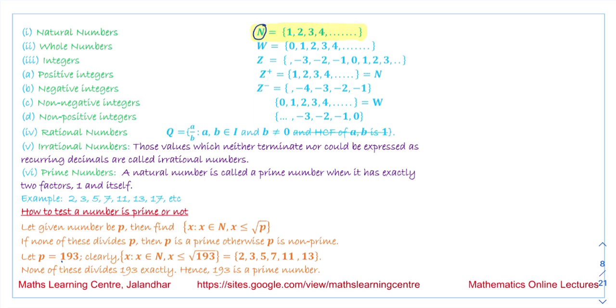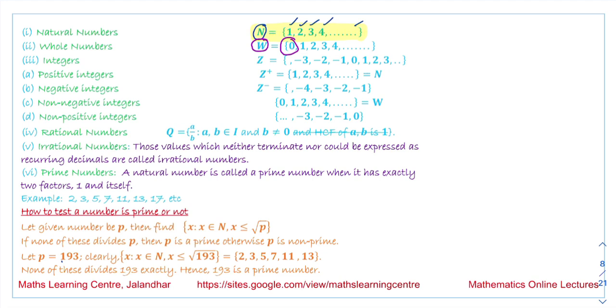The numbers are 1, 2, 3, 4 and so on. Next is the set of whole numbers, represented with W. Whole numbers means all natural numbers plus the element 0. These are the whole numbers.